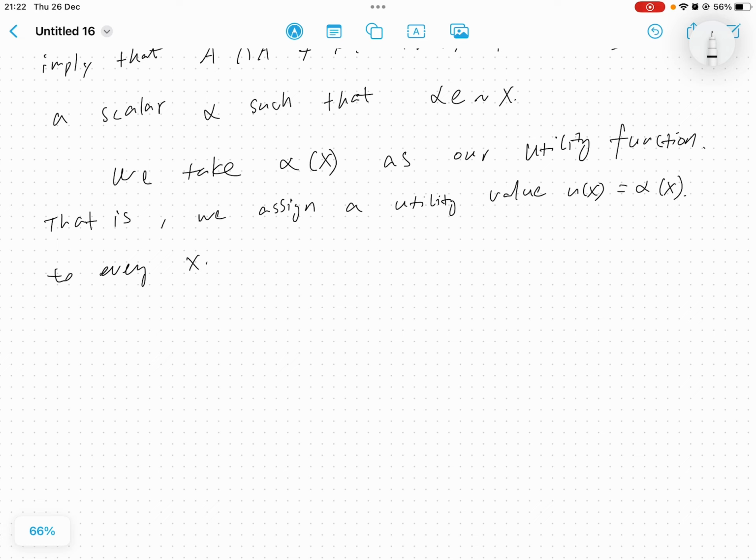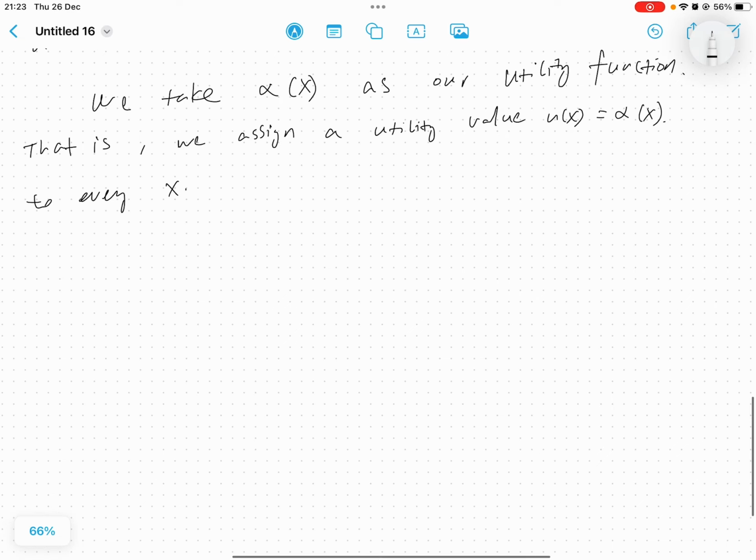So that would be a very important property to check and prove for now. So now we're going to do that. We need to further check.